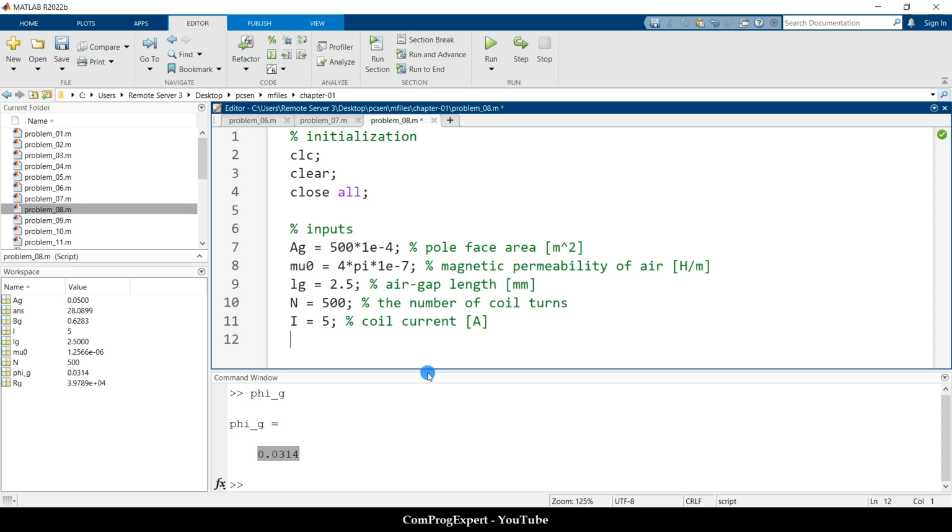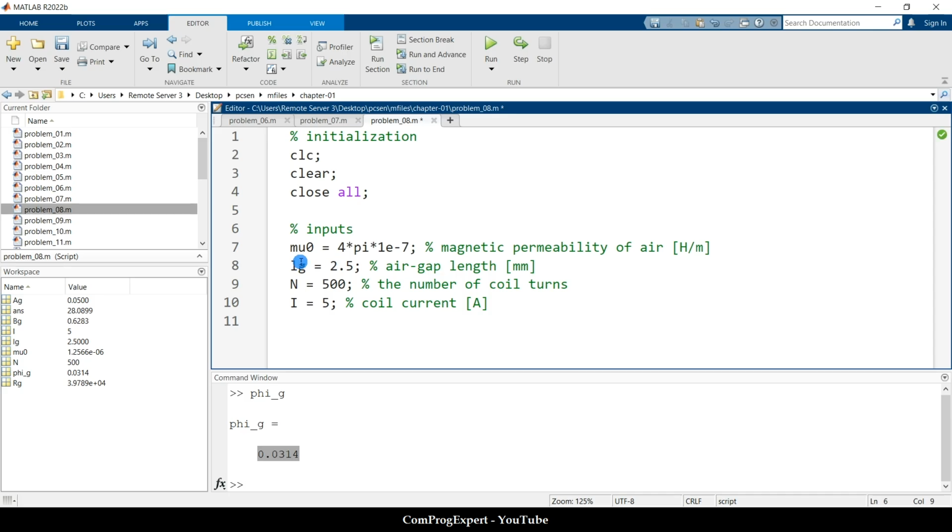8. Again, here we have mu 0. This is the desired air gap flux density, 1.4. The unit is Tesla.